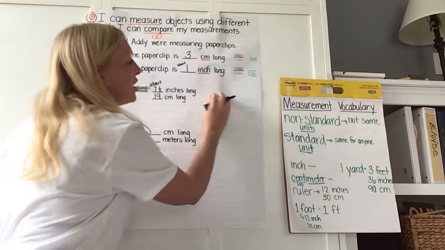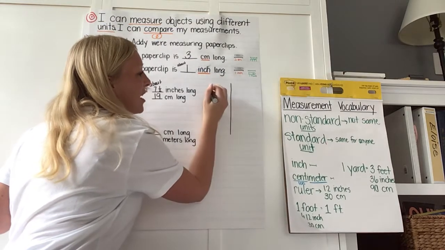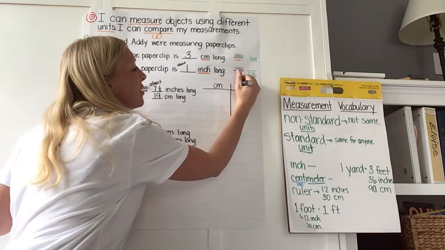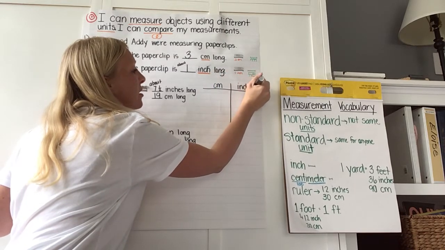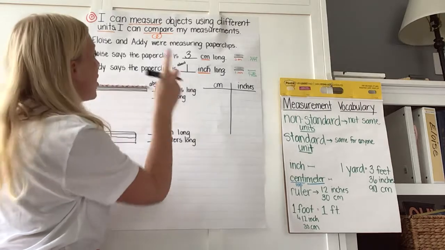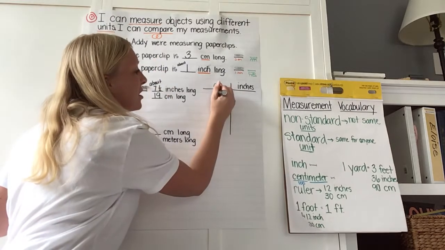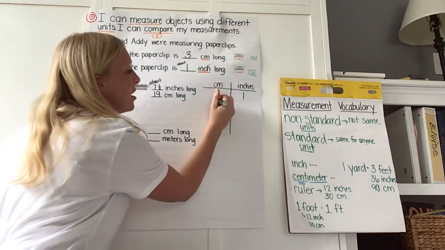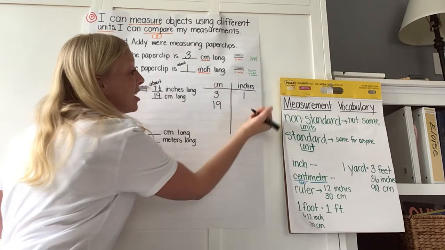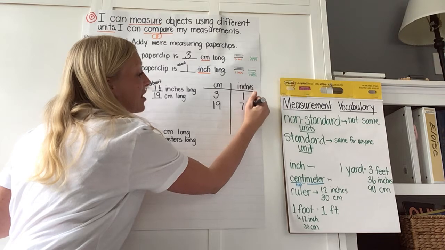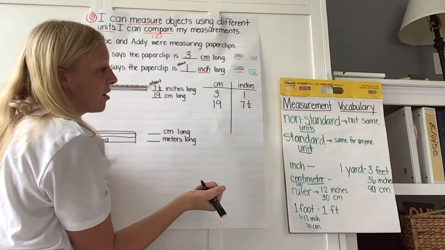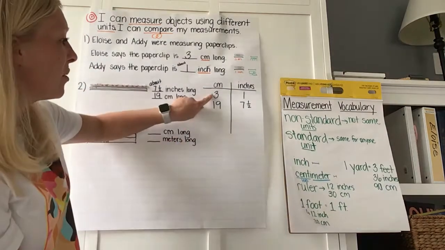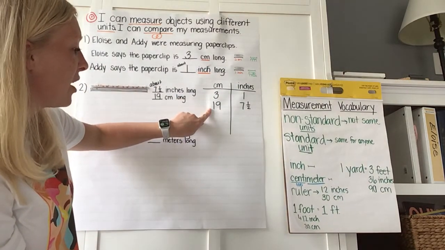I'm going to make a little T-chart here to jot down what we're noticing, okay? Centimeters, inches. And with our paper clip, it was 3 centimeters, only 1 inch. With our pencil, it was 19 centimeters and about 7.5 inches, okay? Both of those, the bigger number is the centimeter side.